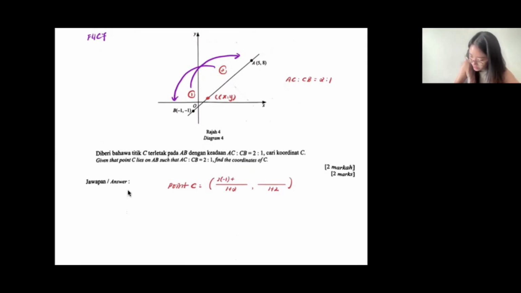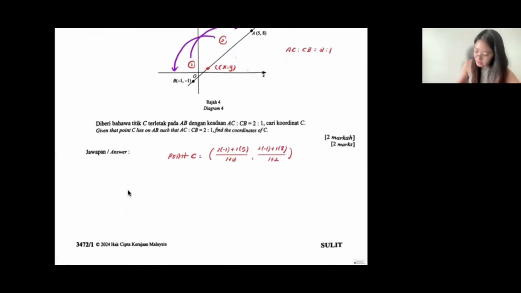Then plus another ratio, which is 1, multiply to 5, only x coordinate. Behind, 2 times negative 1, that's for y, and 1 times 8. Just use your calculator, and you should get (1, 2) for C. All right, 1 mark over here, and the other mark over here.